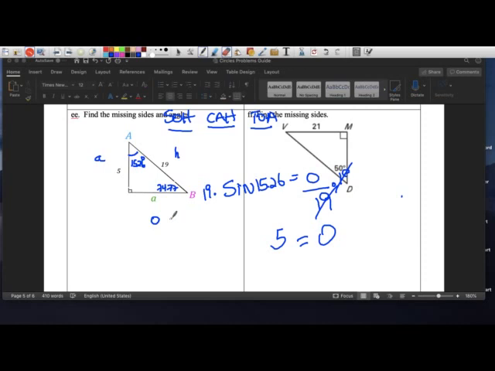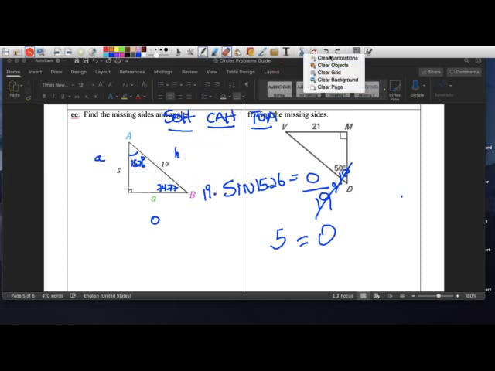So the opposite is 5. That can't be. Oh no, it's getting late. What am I doing wrong? Did I find 15.26 wrong?